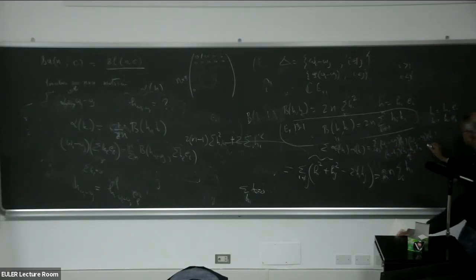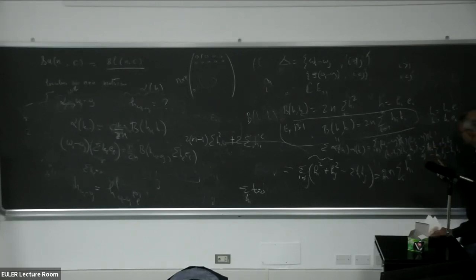This will have several terms: H_I K_I plus H_J K_J minus H_I K_J minus H_J K_I, summed over I not equal to J.